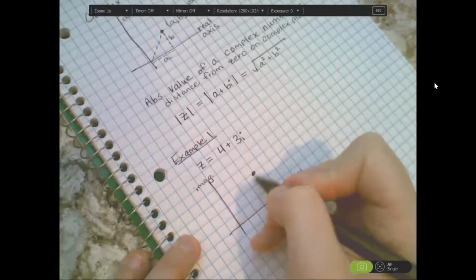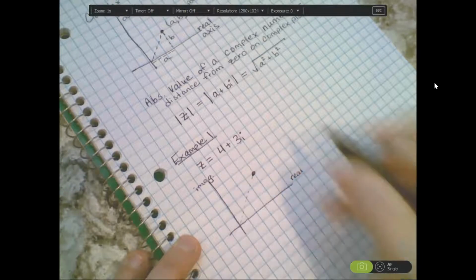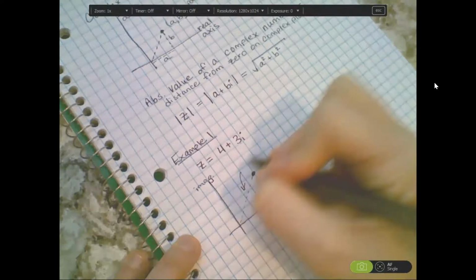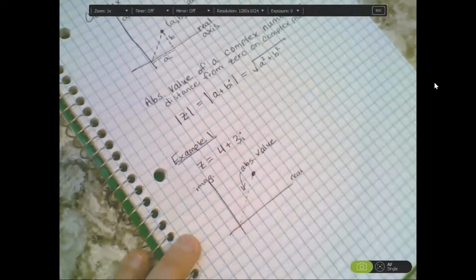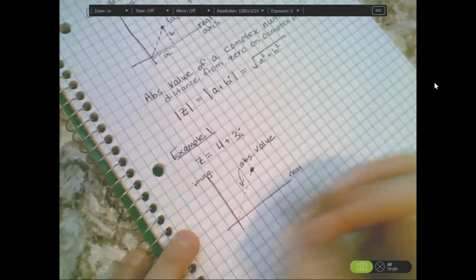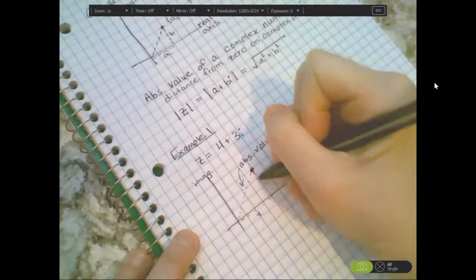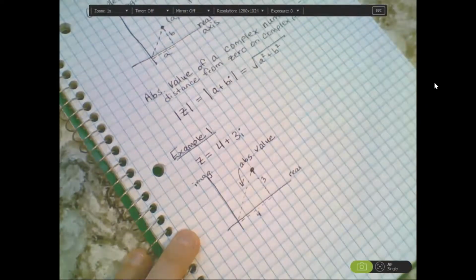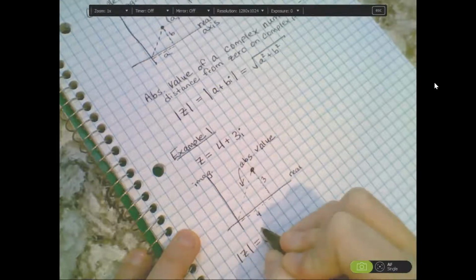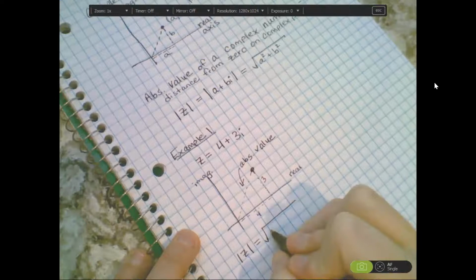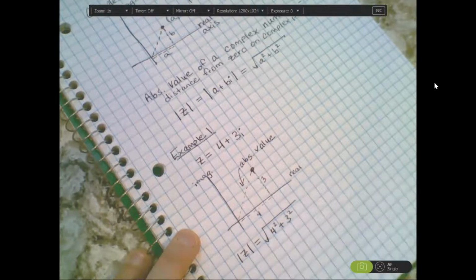And then our absolute value is our distance back to the origin. So if I want to calculate that, we know this distance was 4, and we know this distance was 3. So to calculate my absolute value, I'm going to do the square root of 4 squared plus 3 squared.